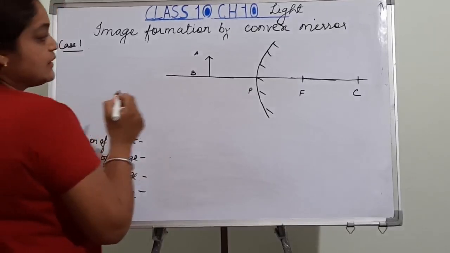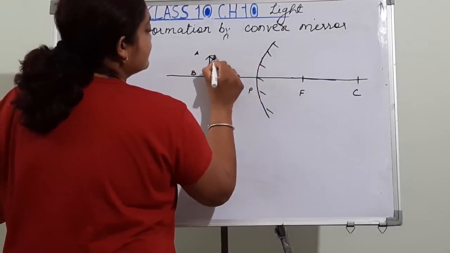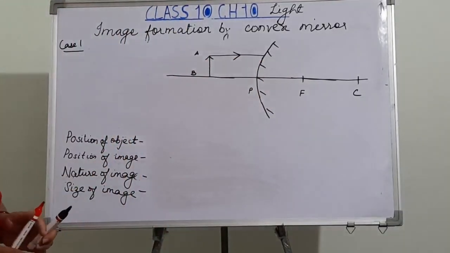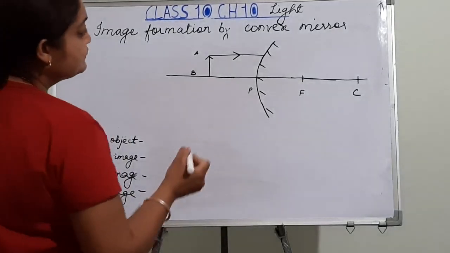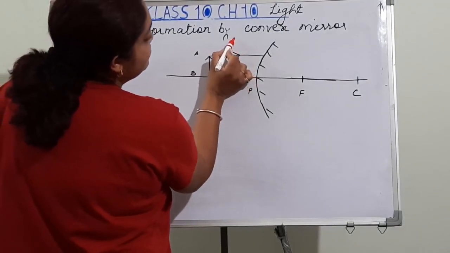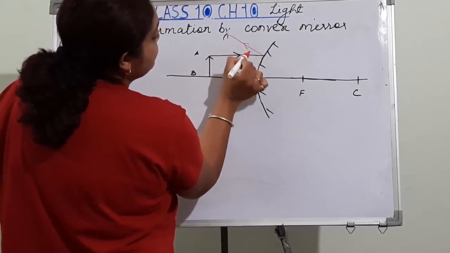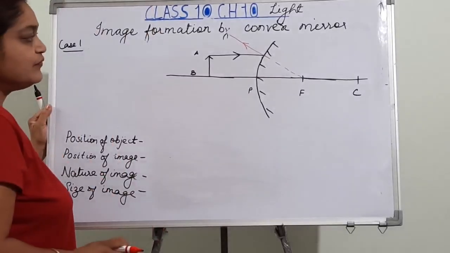The first ray I will take parallel to the principal axis. This is the first ray parallel to the principal axis. It will reflect and diverge also. So it will reflect and appear as if it is coming from the focus. So this is the reflected ray.